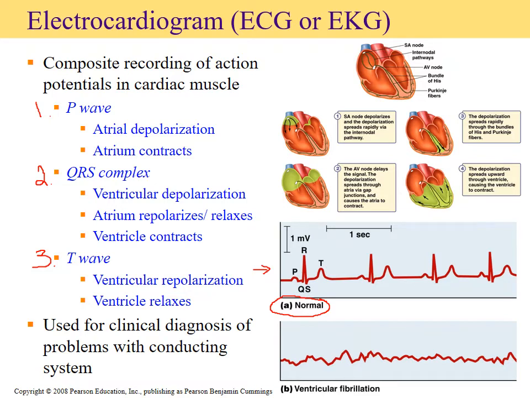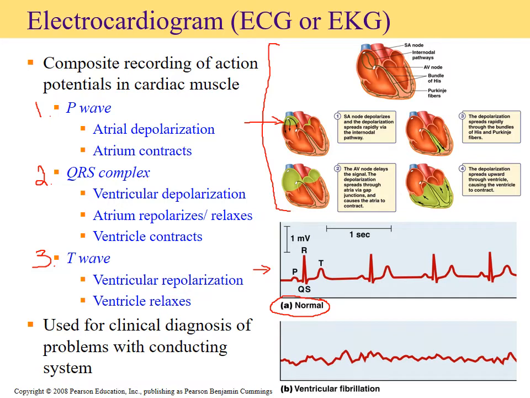Now, when you see the P wave, and you can take a look at the picture that's up here, what we're seeing is how the depolarization and action potential is being affected in the heart. So if you come over to your illustration, notice how everything's going to start by the pacemaker cells. Those are going to be sitting by your right atrium.